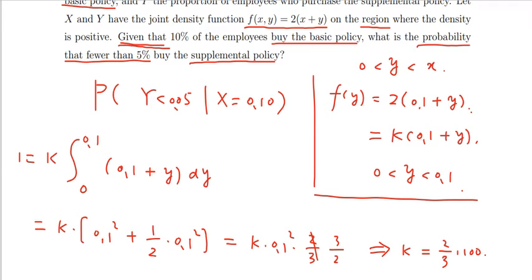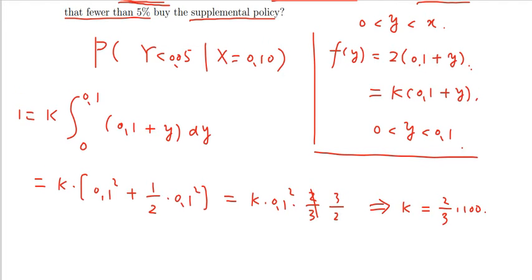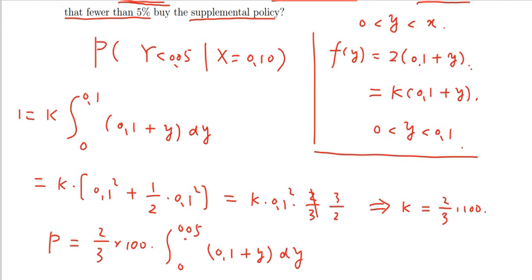Okay, so now we can find the probability. We just need to find the probability. So P equals k, 2 over 3 times 100, where Y is less than 0.005. So here it is 0.1 times Y plus Y squared over 2, right?